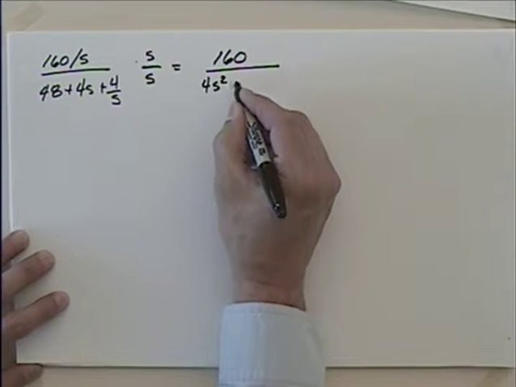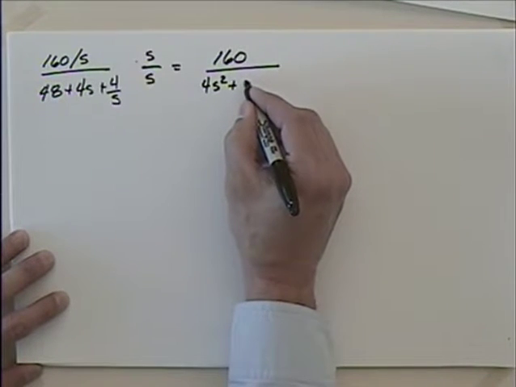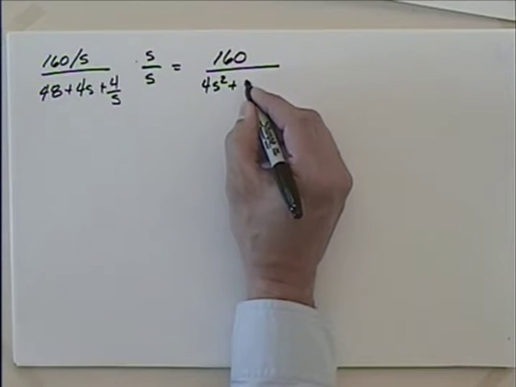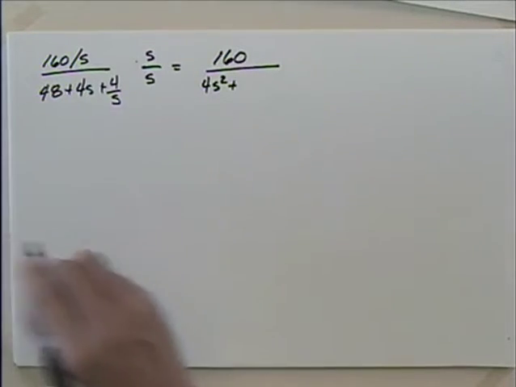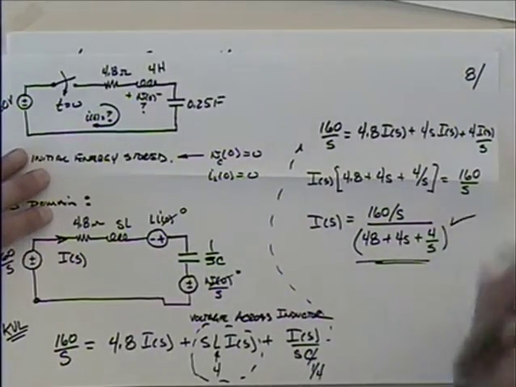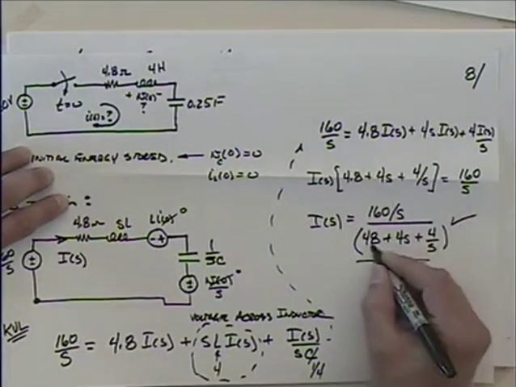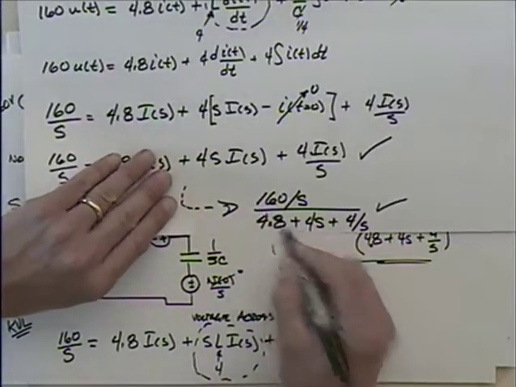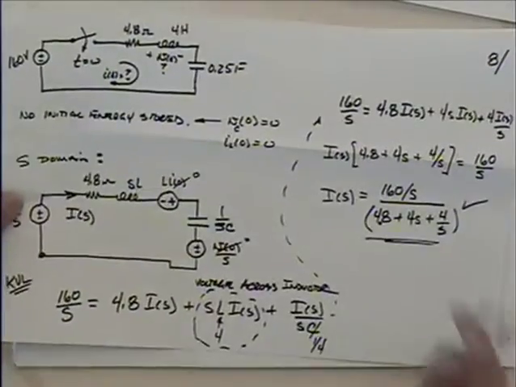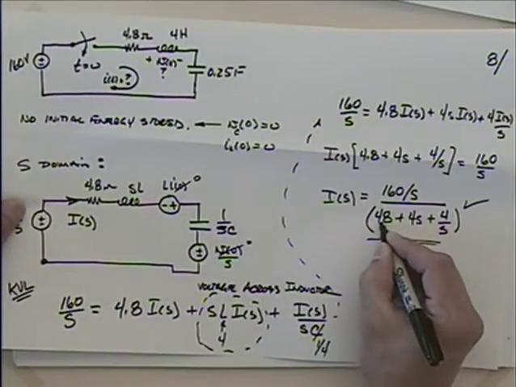s squared plus 4.8. This should be 4.8, shouldn't it? Did I do the other one right? Yes, 4.8. So make sure you put that decimal there on page 8.